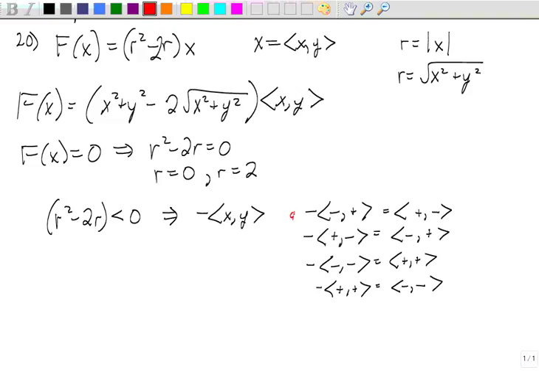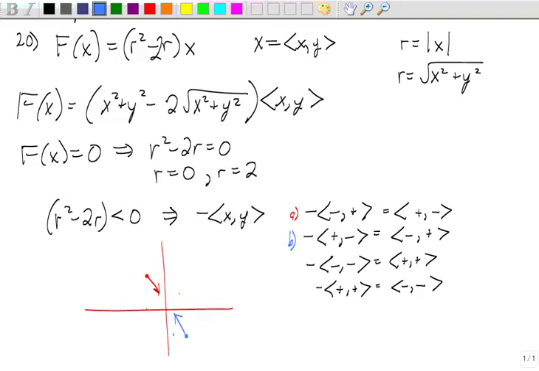Okay, so case A, when x is negative and y is positive, you're in quadrant 2. The vector is going to be positive, negative. It's going to point in. When x is positive and y is negative, the vector is going to go negative, positive.